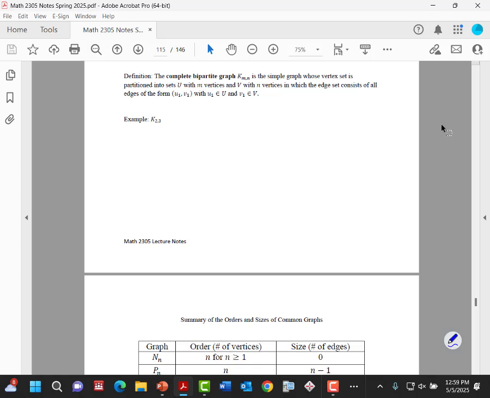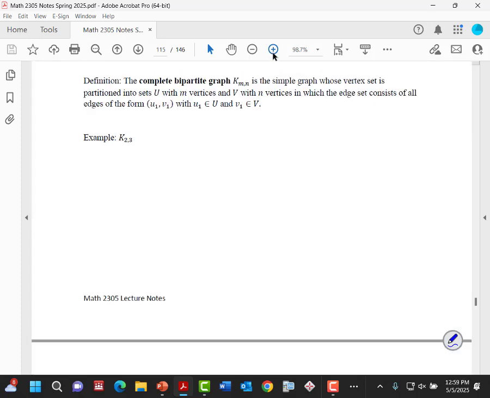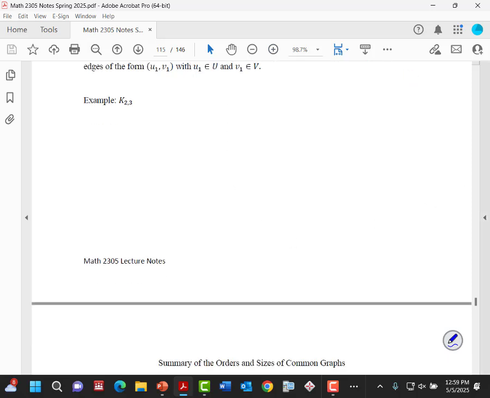So K2,3. In this set, the set U would be U1, U2. There are 2 vertices in this vertex set. V would be V1, V2, V3.